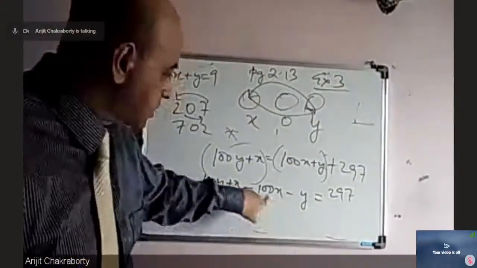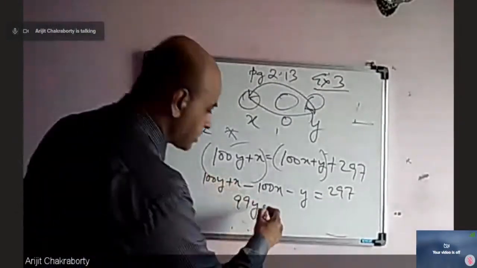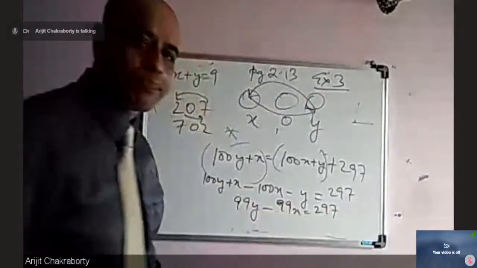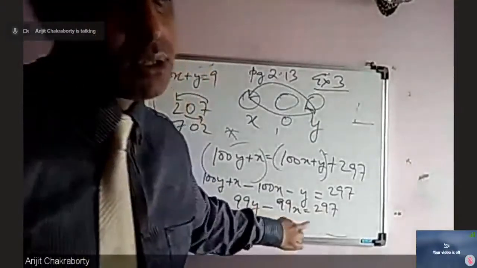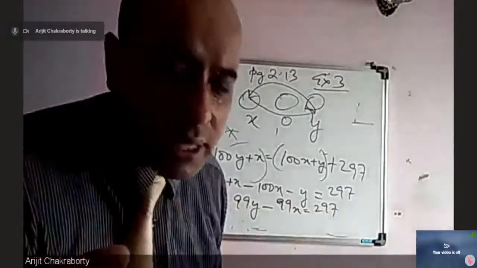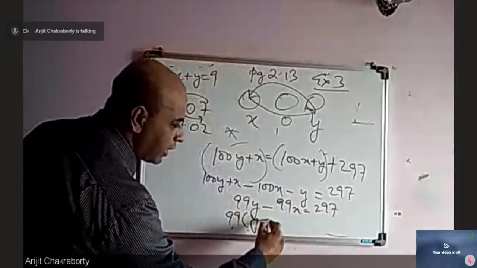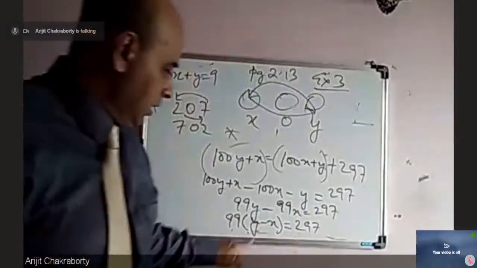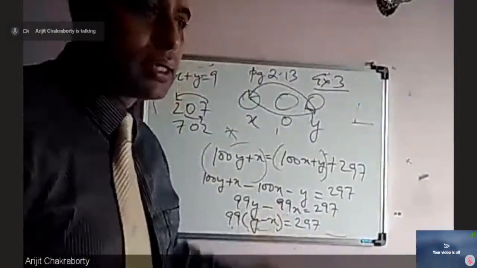Minus 100x plus x, how much is that? Minus 99x. So minus 99x. This is equal to 297. 99y minus 99x equal to 297. So from the left hand side, we can take 99 as common. So we write 99 into y minus x equal to 297.